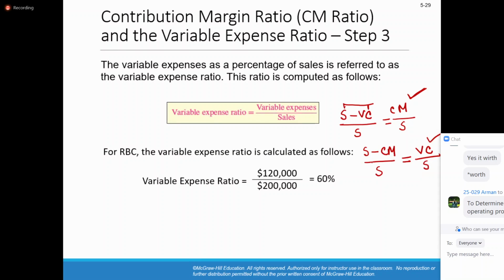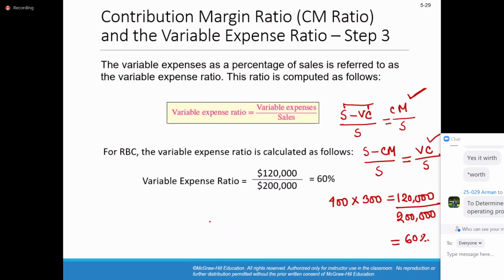So we had $300 per unit variable cost, and we had 400 unit selling price. So we had 120,000 total variable cost. If we express this number in terms of the sales of $200,000, we see that we have a variable expense ratio of 60%. So you see, as I have mentioned, these are flip sides of each other.